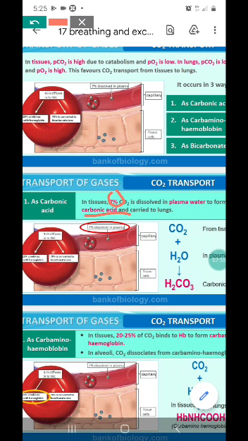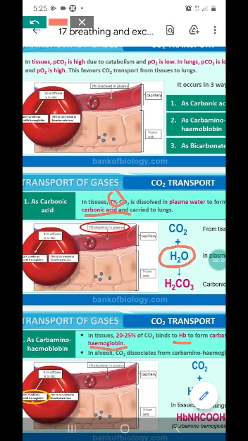Only 7%. Okay, and nearly 20 to 25% of CO2 binds to hemoglobin to form carbaminohemoglobin, right? See, this is the reaction between carbon dioxide and plasma water. Mainly plasma is made up of water, right? So carbon dioxide plus water gives H2CO3, which is carbonic acid.